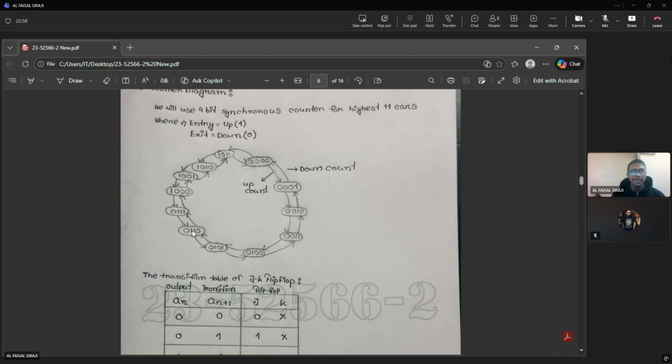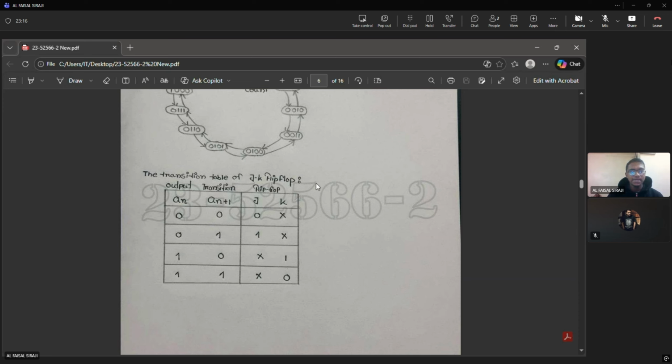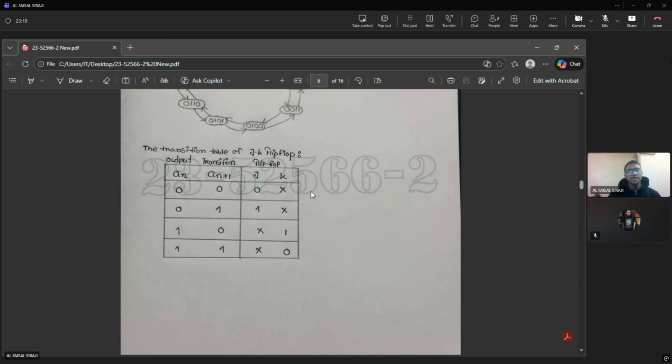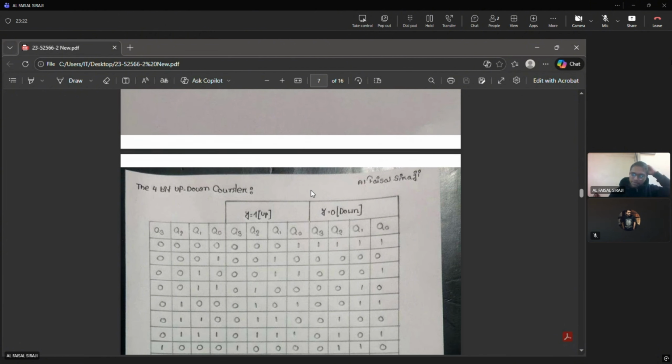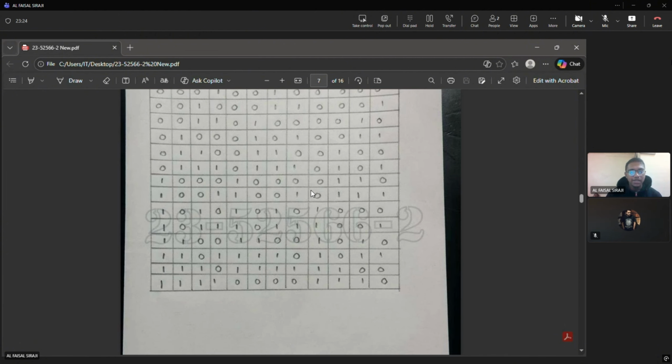From the diagram, we can see that if the entry is happening, then it changes from 0000 to 0001, and for the down, it changes back to the starting, which is 0000. This is the transition table. We will use a JK flip-flop for the counter.